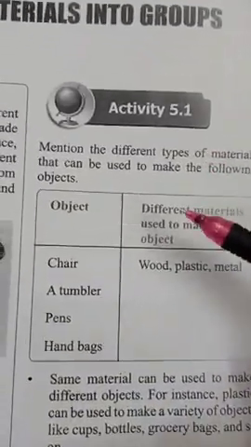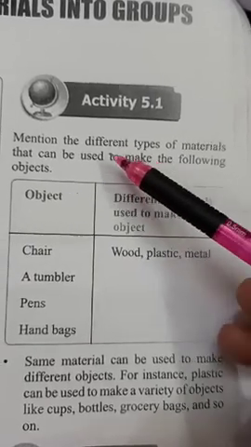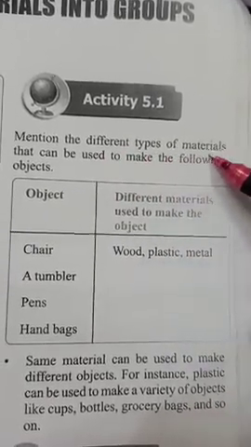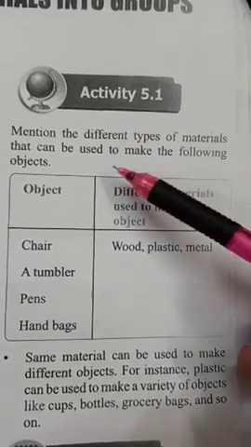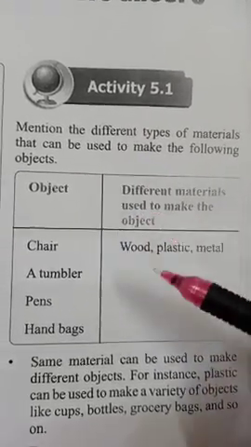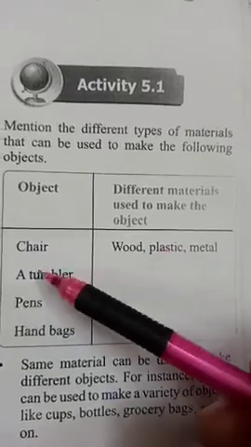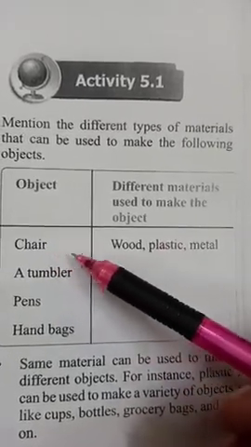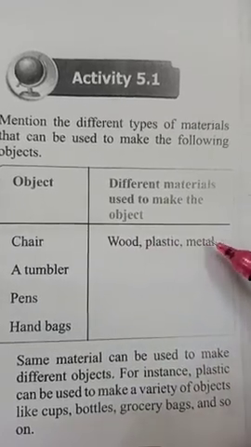Okay, and here they have given in a tabular form this activity that mentions the different types of materials that can be used to make the following objects. Here, one they have done for you, that chair, we can make a chair from wood, from plastic or from metal.